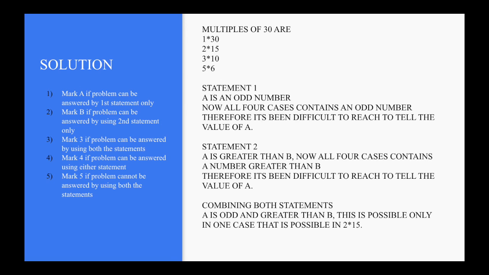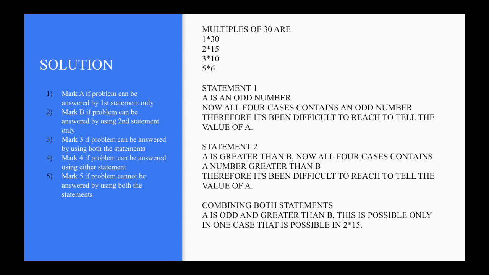Statement 1 says A is an odd integer, and as you can see, in each probability of making a product 30, I'm getting one number as an odd integer. So it would be difficult for me to tell the value of A exactly.